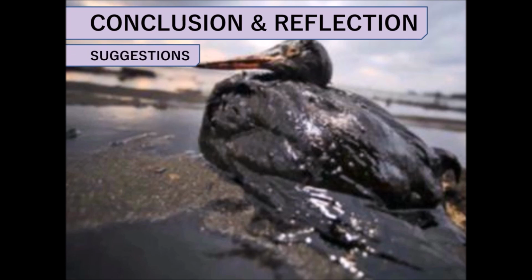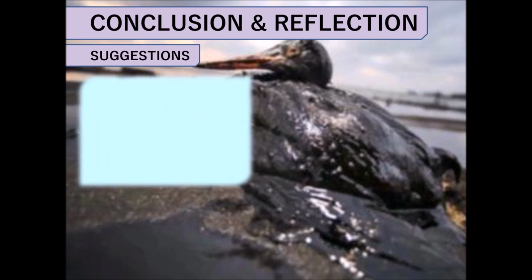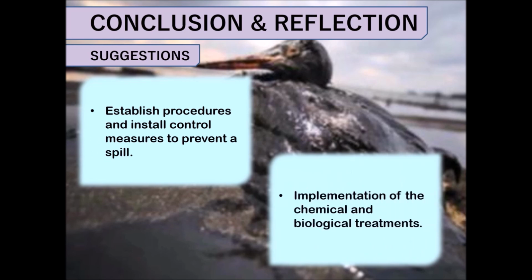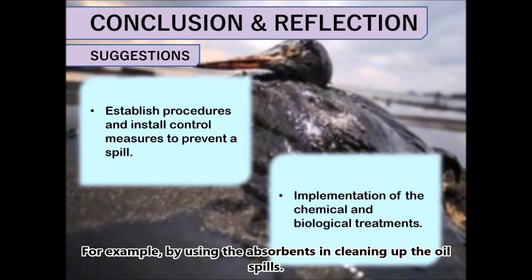Lastly, it is important to establish procedures and install control measures to prevent oil spillage in the ocean, especially at the open sea. Implementation of chemical and biological treatments can also help to solve the spillage problems, for example, by using absorbents in cleaning up the oil spills.